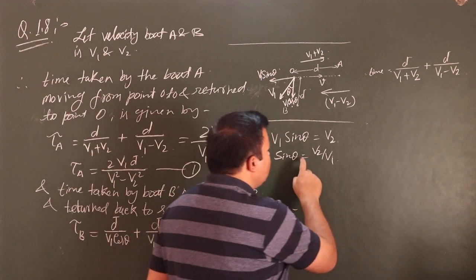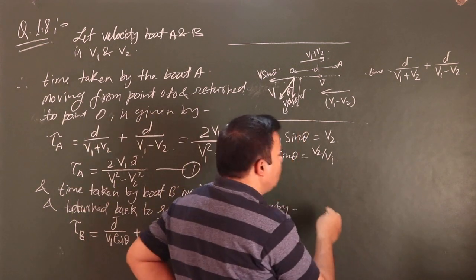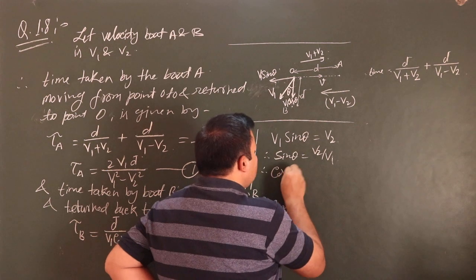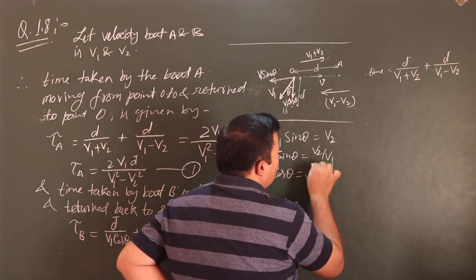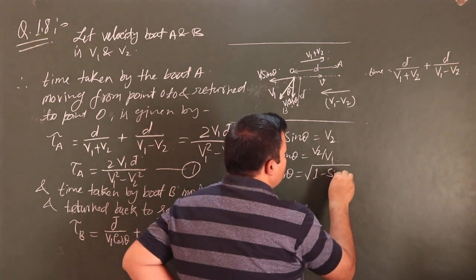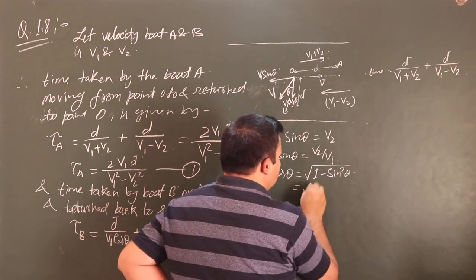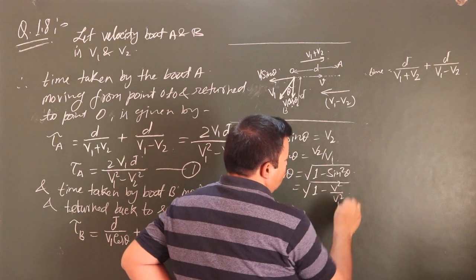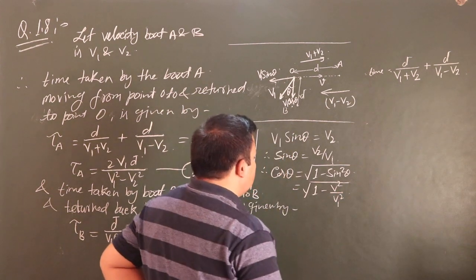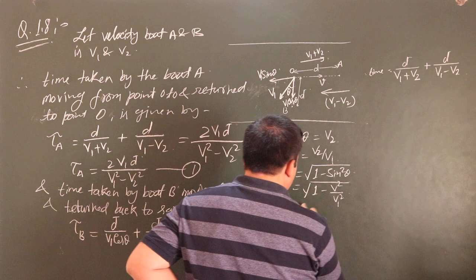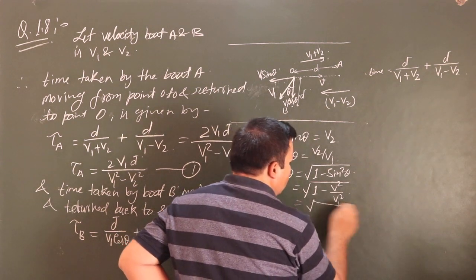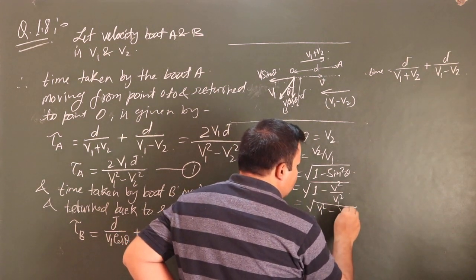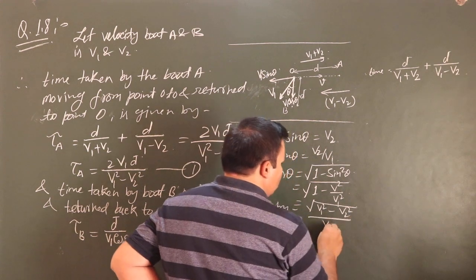From the earlier equation, sin theta is equal to V2 by V1. Therefore cos theta is equal to root over 1 minus sin square theta, which is equal to root over 1 minus V2 square upon V1 square, finally root over V1 square minus V2 square upon V1.